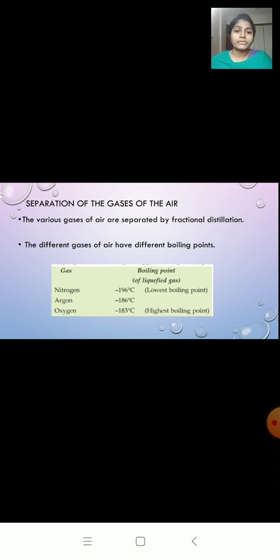The gas which has a low boiling point will boil off first, and the gas with the highest boiling point will boil off last. Nitrogen is minus 196, the lowest boiling point. Argon is minus 186 degrees Celsius and oxygen is minus 183 degrees Celsius, the highest boiling point.